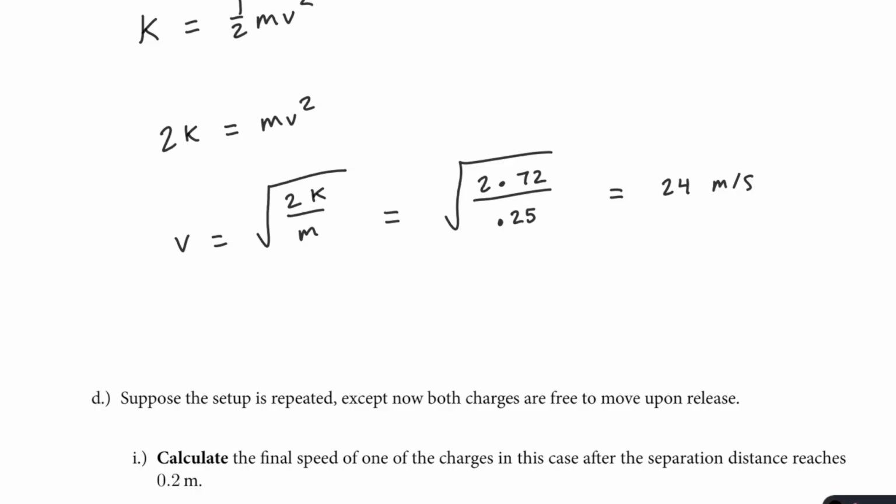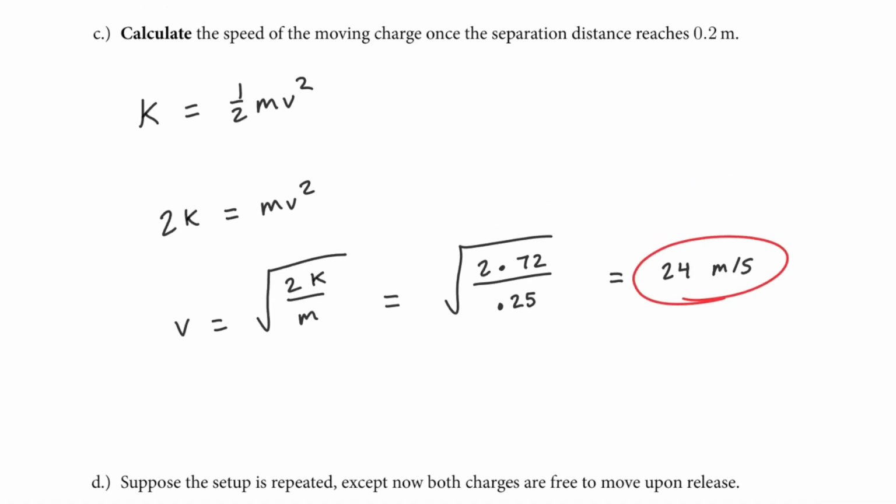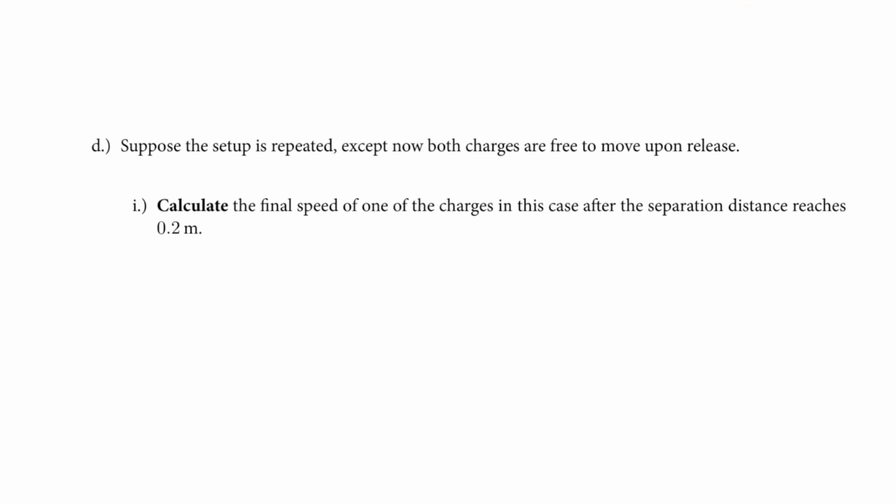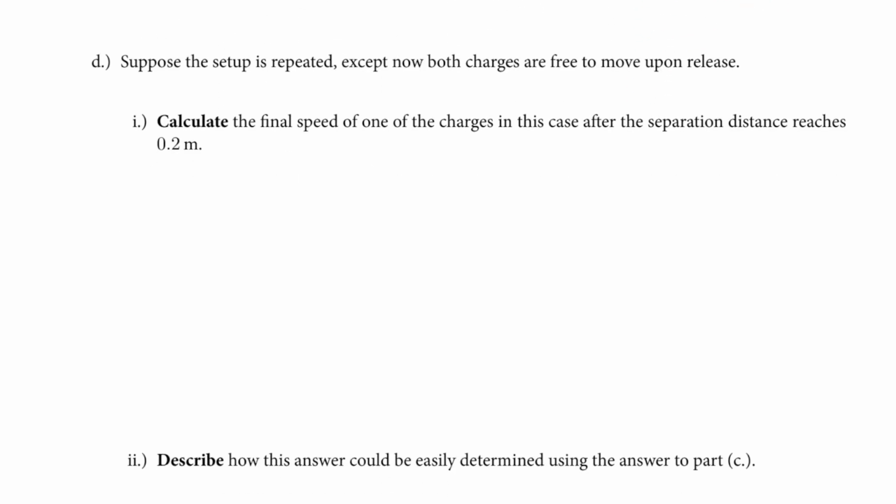And this is exact, by the way. This does work out nicely. So this is our final velocity of the charge. And it's really important that only one of the charges was moving here, because they're not sharing the kinetic energy, which is exactly what's going to happen in part D. So in part D, it is the same problem, except now we have let both charges move.